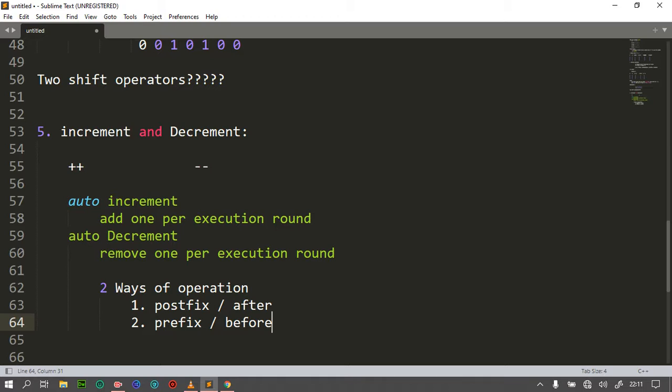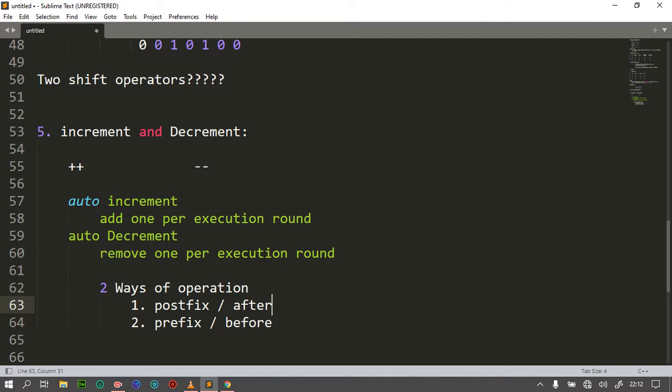When you use a postfix form, the operator is first applied and the outcome is then used in the expression. I'm saying it again.